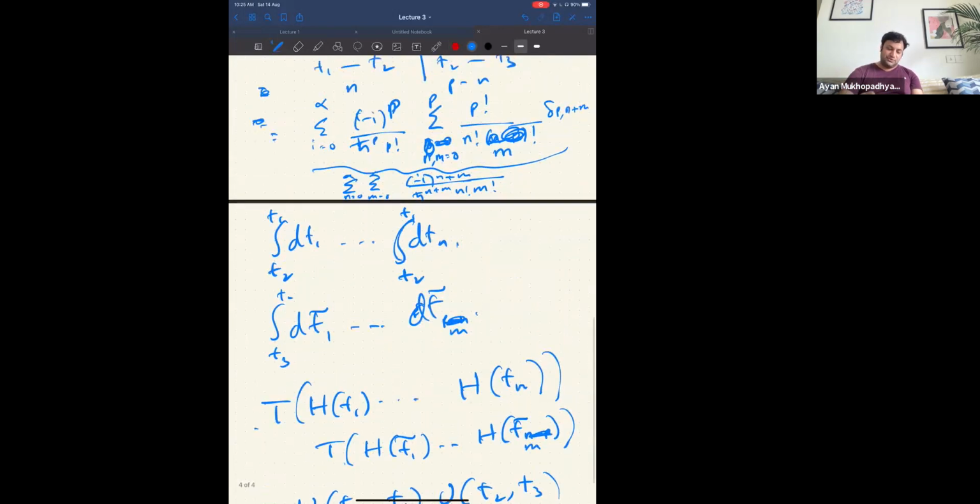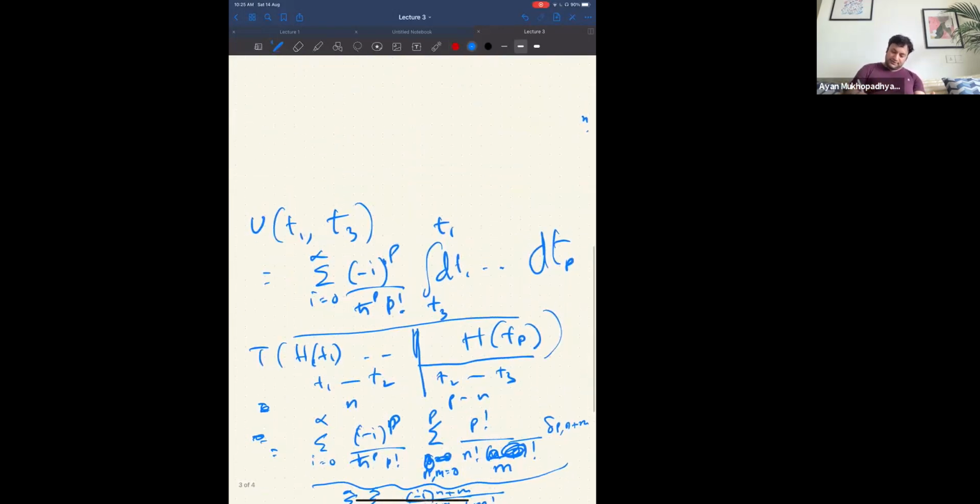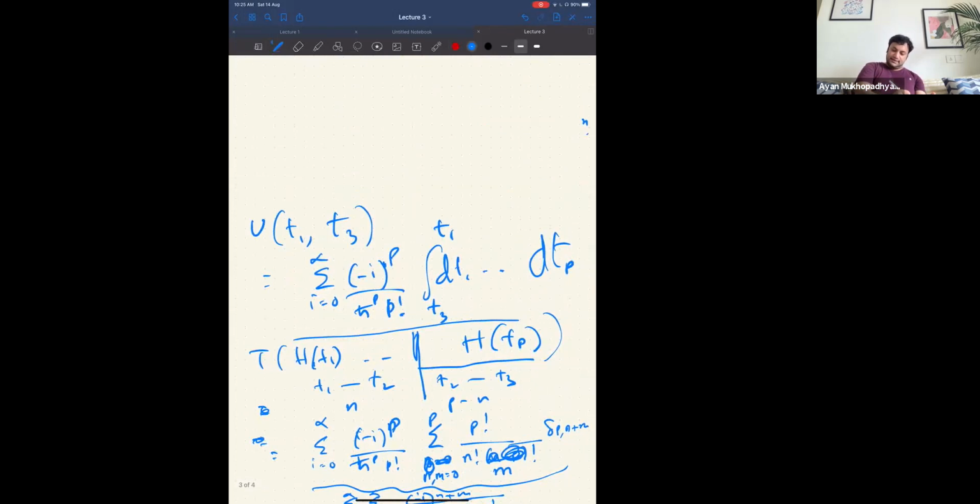So basically what I've used, which I already wrote, was as follows: sum over n is equal to 0 to infinity, minus i to the power n by factorial n by h bar to the power n, times sum m is equal to 0 to infinity, minus i to the power m by factorial m h bar to the power m.